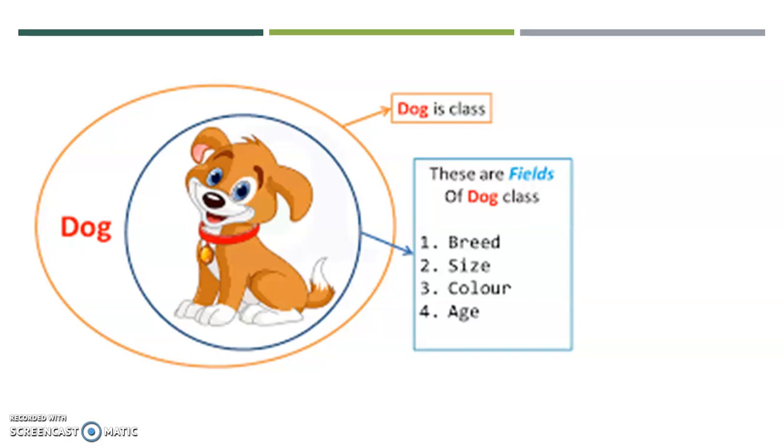Can you try to name? Yes, the operations can be: dog barks, so bark is an operation; dog walks, dog eats, dog sleeps, etc.